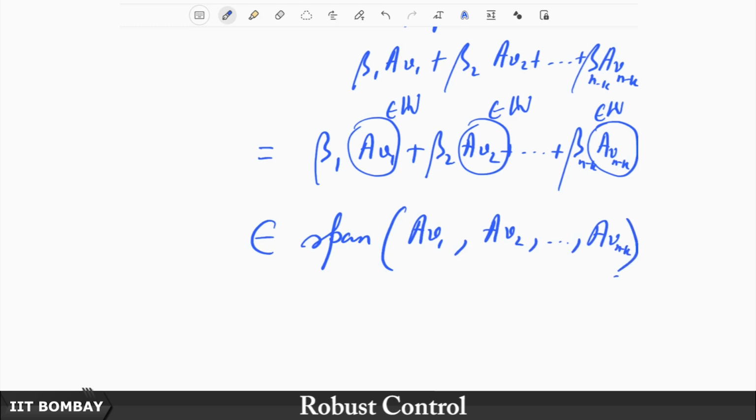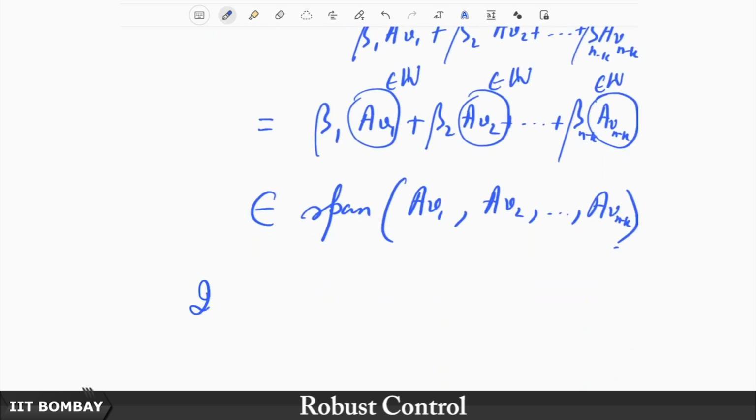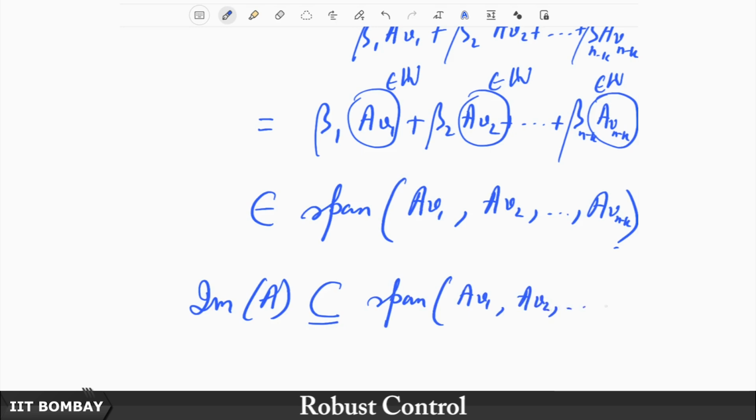So therefore, it turns out that the image of A is contained in the span of AV1, AV2 till AVn minus k.